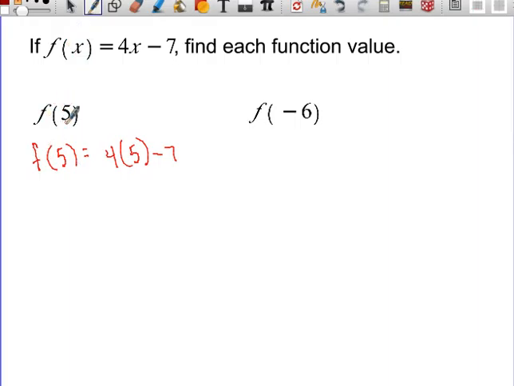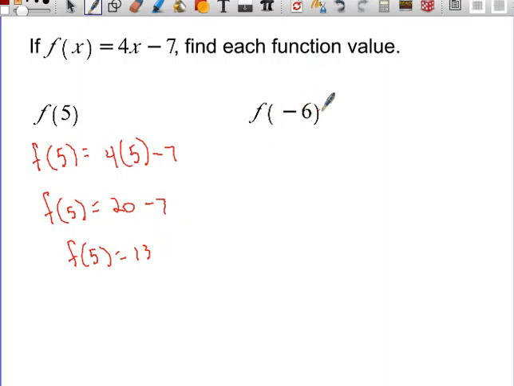Whatever number is in parentheses next to your function indicator, you're going to plug that number into the function for x. So f of 5 equals 20 minus 7. F of 5 equals 13. And for this function, 4x minus 7, 5 will always produce a result of 13.